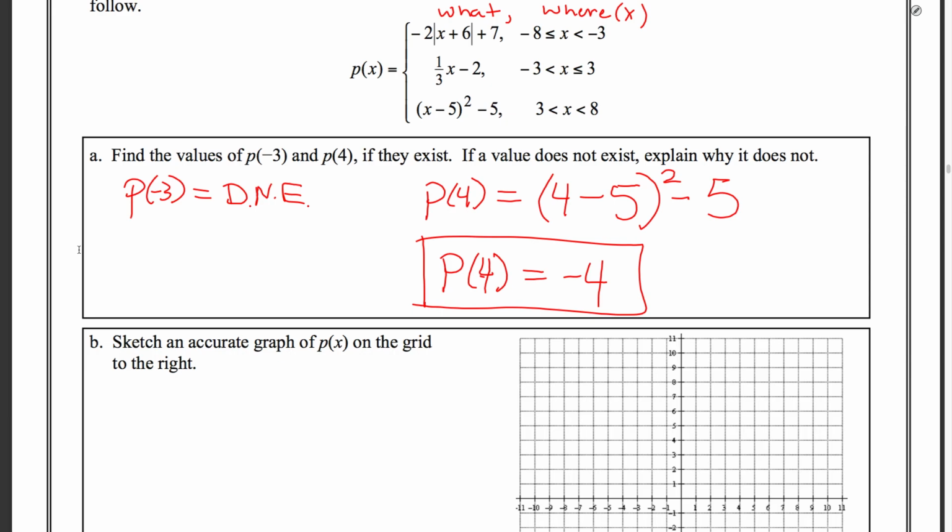This next question is pretty fun too. Remember all the parent functions? Okay, now if you guys will flip back to the section that talks about piecewise real quick. There's a little picture down at the bottom where they show you the scissors and stuff.